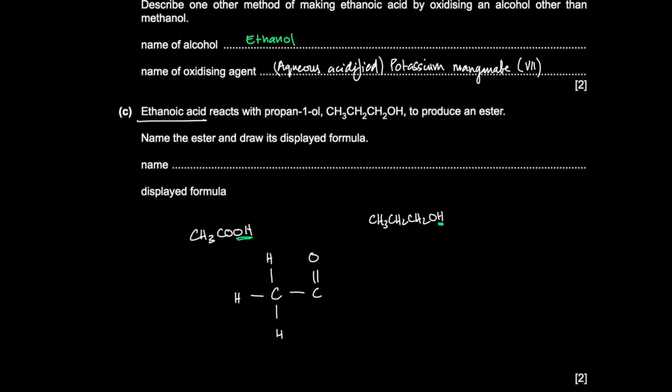And what happens? The acid's C double bond O carbon will bond to the oxygen from the alcohol. Let me underline this as well. This carbon will bond to this oxygen.